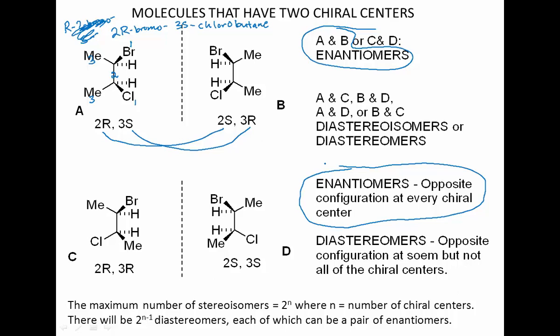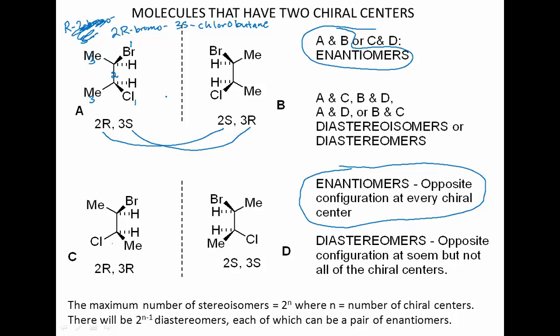Let's look at what happens if we change one of the stereocenters but leave the other one alone. I'm going to change the bottom one, and we generate this new molecule C. If we look at C, we have the same configuration at C2, but the opposite configuration at C3.